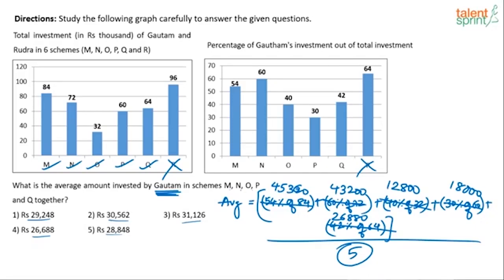So 42,000 plus 3,360, 45,360. All the numbers are there. Now do the average. The next step is yours anyway. So this is the calculation. I'm moving on to the next one.